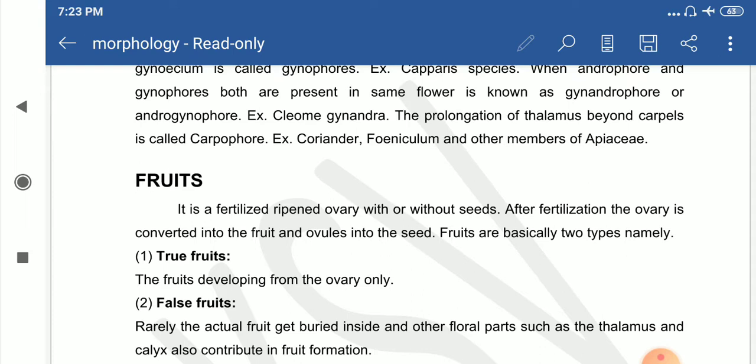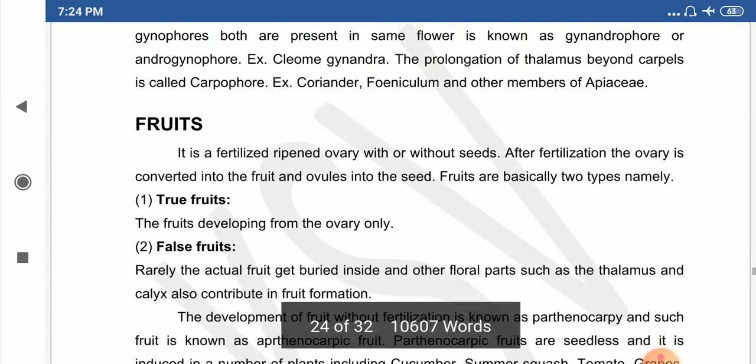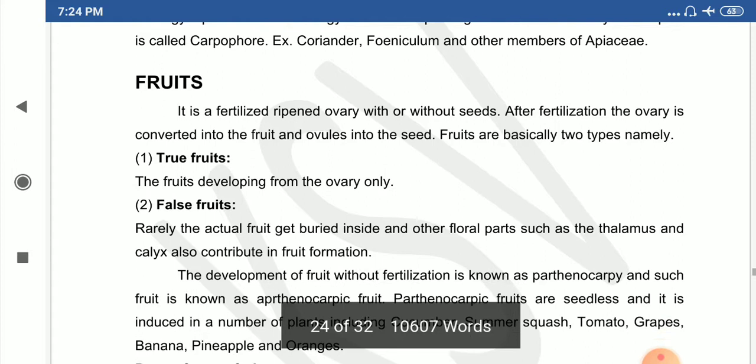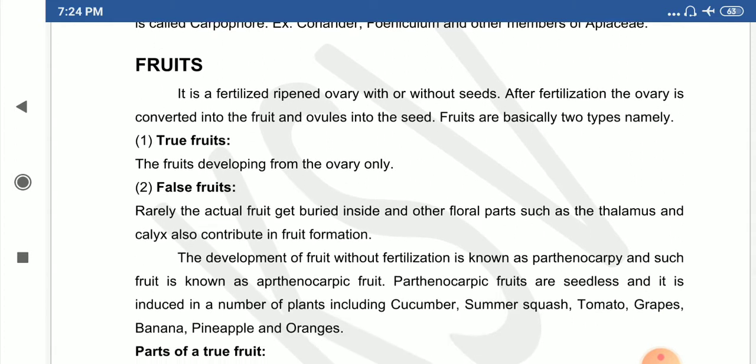What is a fruit? A fruit is nothing but the fertilized, ripened ovary, with or without seed. There are different types of fruits. After fertilization, the ovary is converted into a fruit and the ovules in the ovary are converted into seeds.